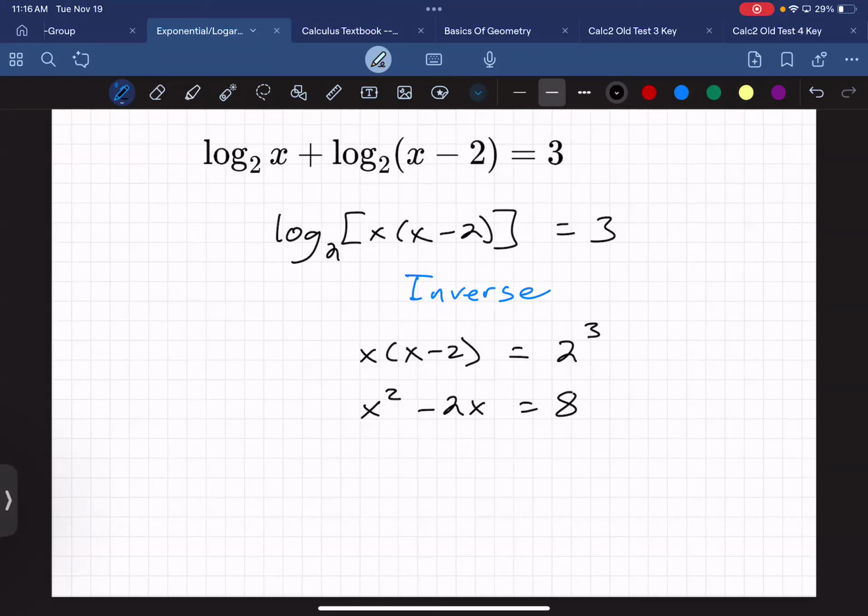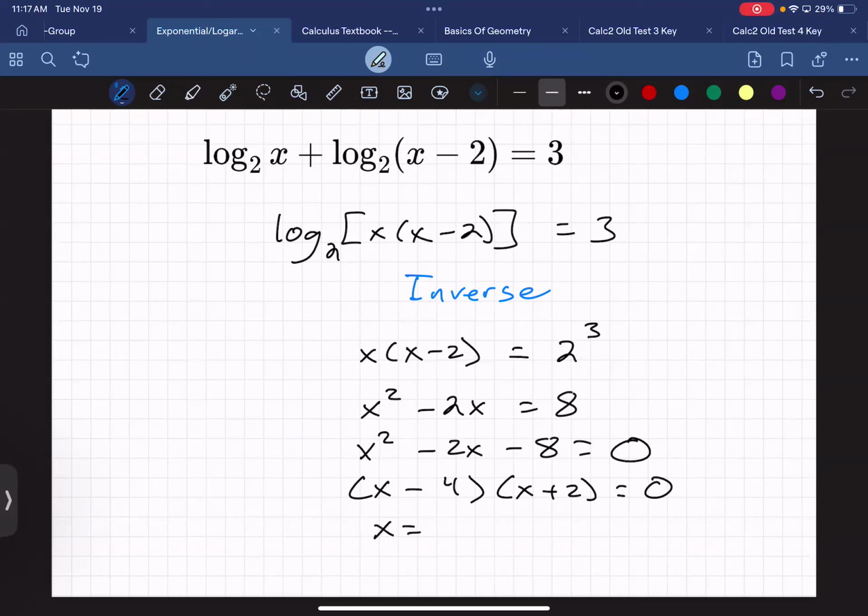Now I'm solving a quadratic. So remind yourself of quadratics: the first thing I need is equal to 0. 2 times 4 is 8, right? So this one is factorable, as long as we use -4 and +2. And I get 2 solutions.